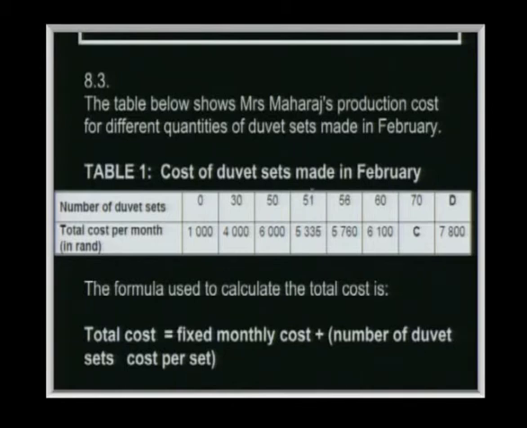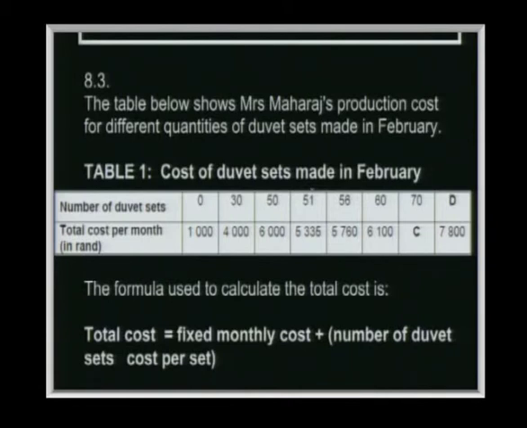Question 8.3. The table below shows Mrs. Maharaj's production costs for different quantities of duvet sets made in February. You can see that if she had 0, it would still cost 1,000, which is basically her fixed cost, like we worked out earlier.